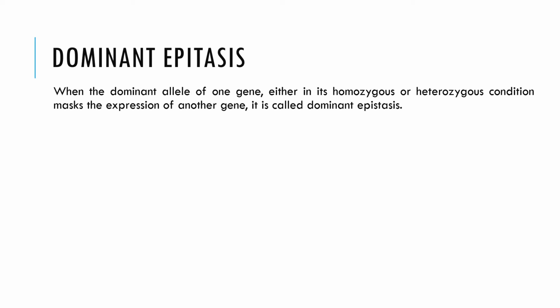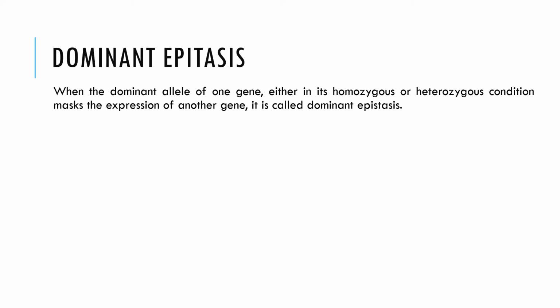So the first example of dominant epistasis is when the dominant allele of one gene, whether in a homozygous or heterozygous condition, it doesn't matter, is present, it will mask the expression of another gene. This type of epistasis is dominant epistasis.